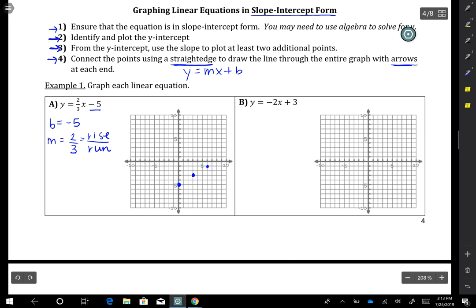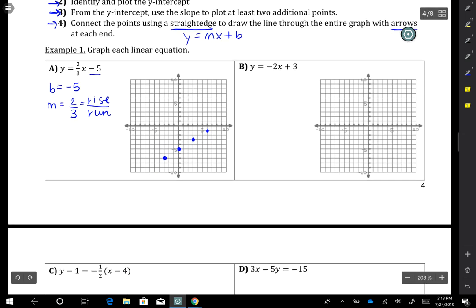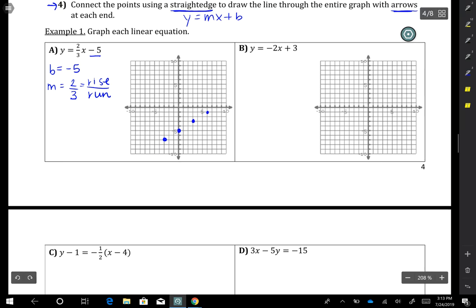You could also reverse that if you ran out of room on your graph from your initial y-intercept. You could go down 2 and left 3. If you go down and left, those are two negative directions, and a negative over a negative results in a positive. Now, you will not have a perfect line from me because I do not have a straight edge, but you are going to take a straight edge and connect all of these dots and put arrows at each end.